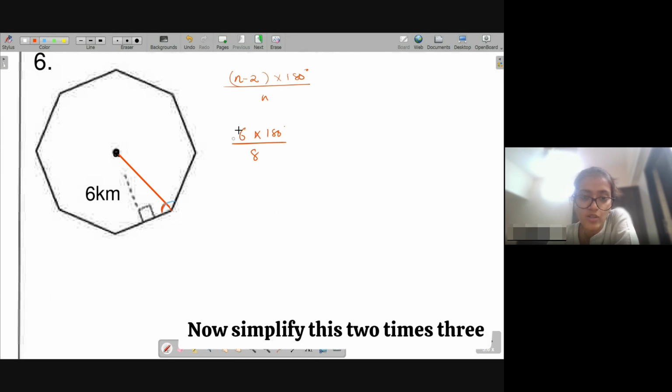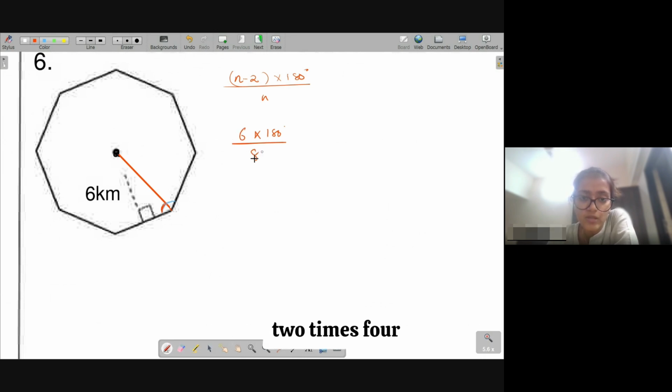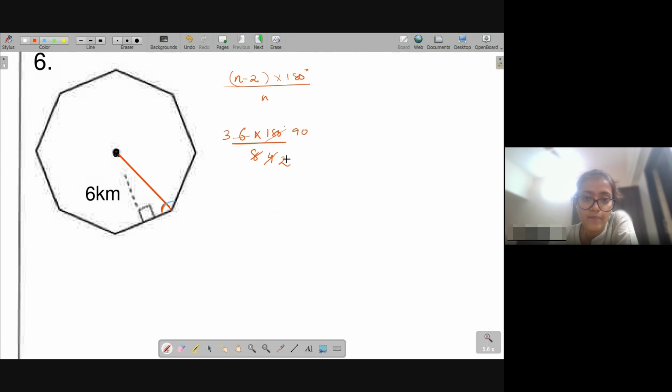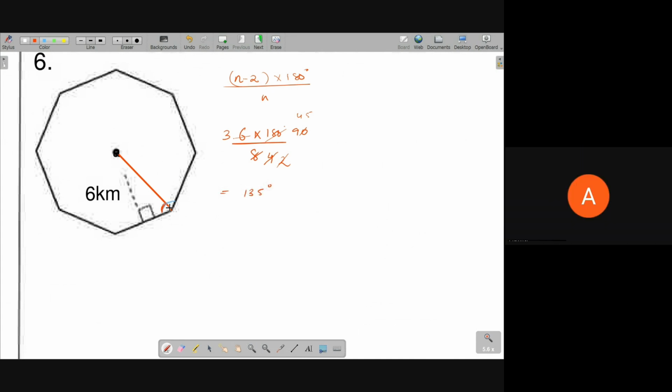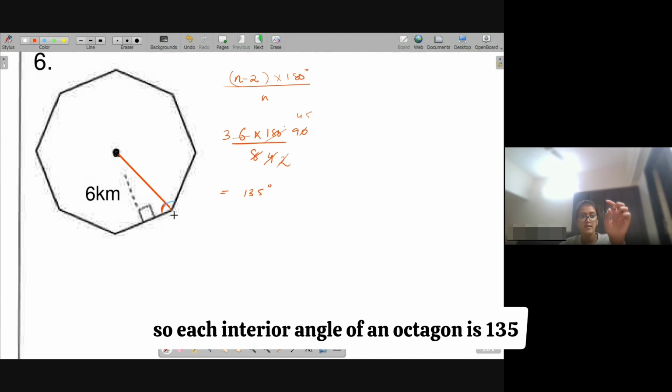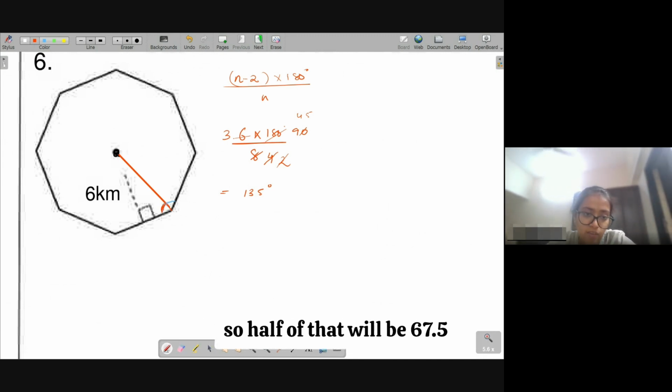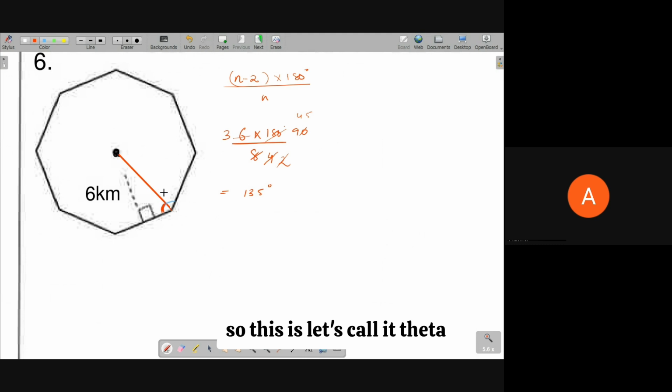Now simplify this: 2 times 2, 2 times 90, and 45. So 3 times 45 is 135 degrees. Each interior angle of an octagon is 135, so half of that will be 67.5.